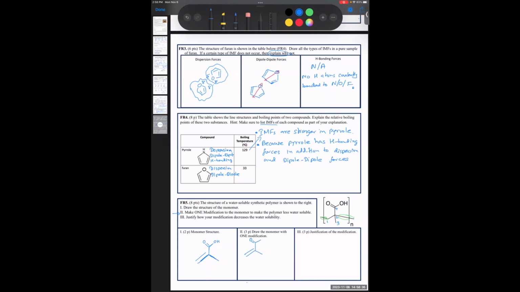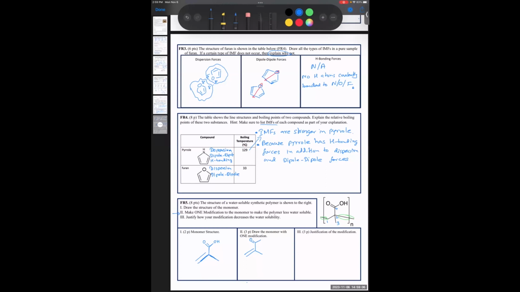Now, when I remove that OH group, I reduce the dipole moment, or the polarity, and also I took away hydrogen bonding sites. Not all of them, two of the hydrogen bonding sites. As a result, my polymer is going to become less water soluble.